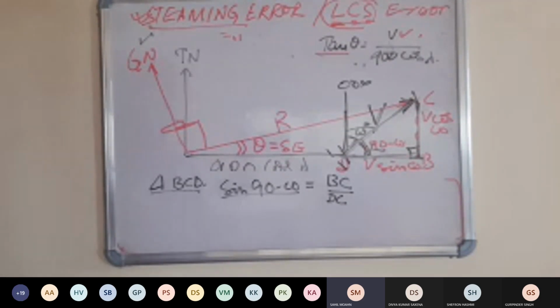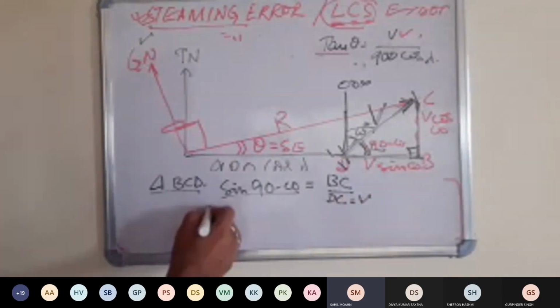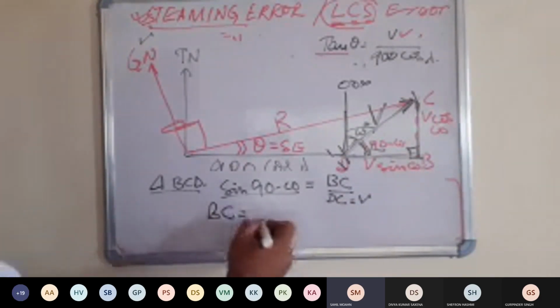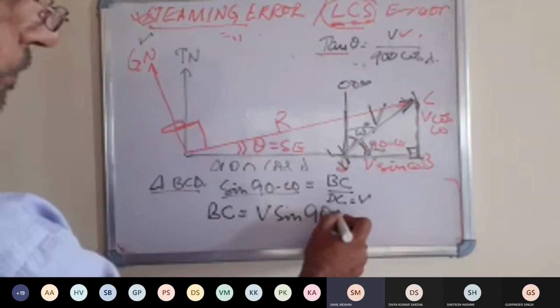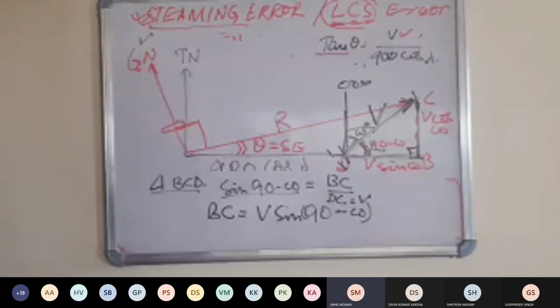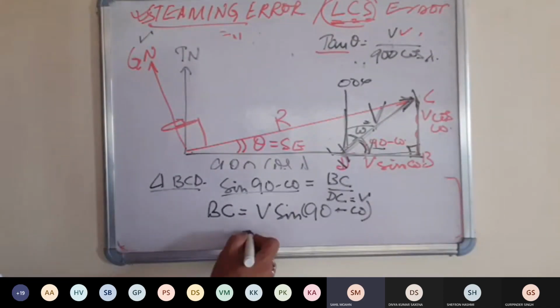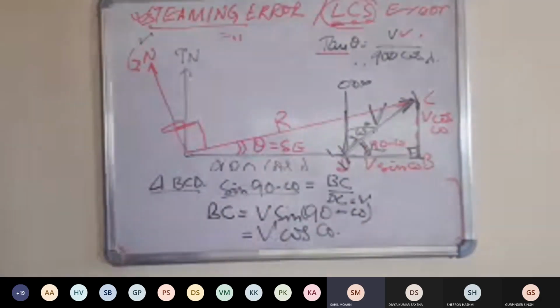Right, but the hypotenuse is equal to V. That means BC is equal to V sin 90 minus course. Yes sir, V cos course.